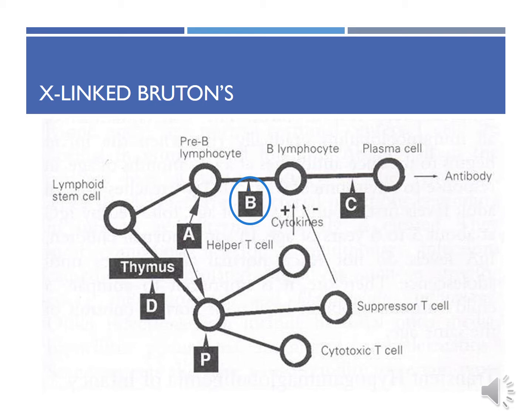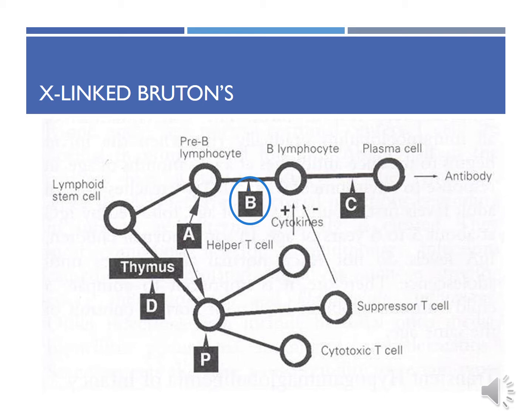It gets stimulated to become a B cell, then it turns into a pre-B cell, and then it stops. It cannot mature any past that pre-B cell stage. Therefore, these patients do not have mature B cells, so they don't have plasma cells, and therefore they cannot produce antibodies.